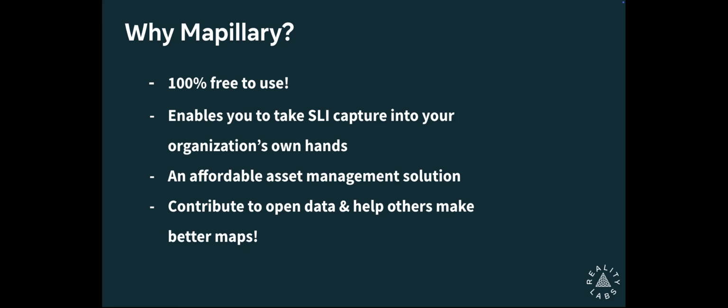With Mapillary, you can take that into your own hands and capture at the cadence that makes sense for your organization, whether that's every month, every year. We see different organizations going at different cadences. It really depends on their needs. But just the fact that you're able to go out there, strap a GoPro Max to your car and capture your own imagery, we see a lot of organizations really seeing value in that.